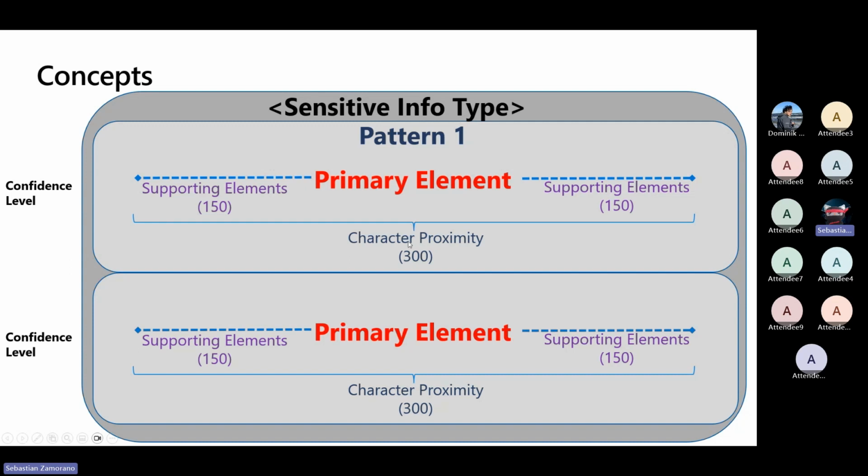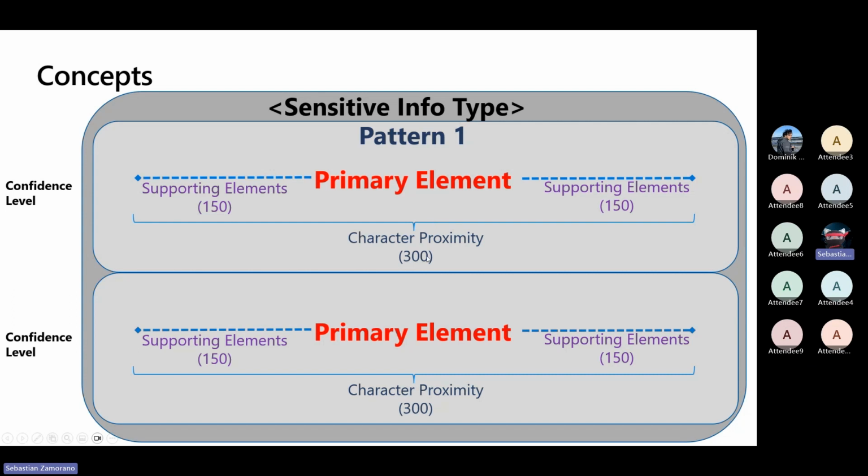In low confidence, maybe we will be looking only for one primary element, and that is all, or maybe an additional evidence. The character proximity is set by default to 300. That means from our primary element, we will look 150 characters to the left and 150 to the right for those supporting elements. On EDM it is something very similar.